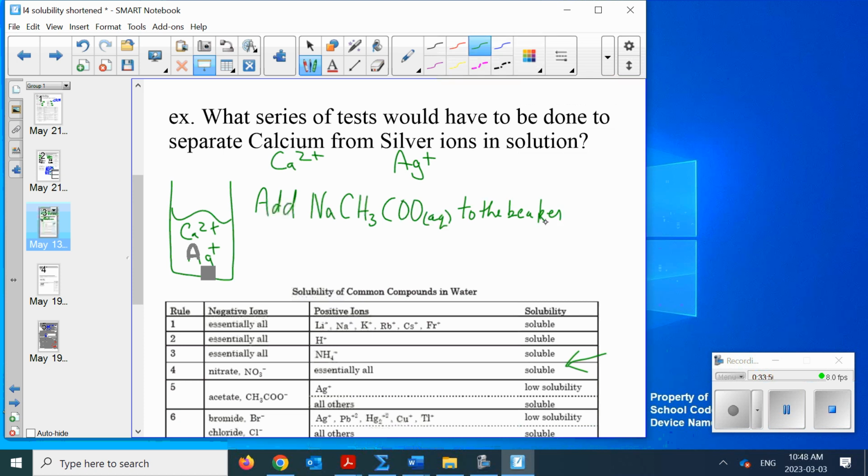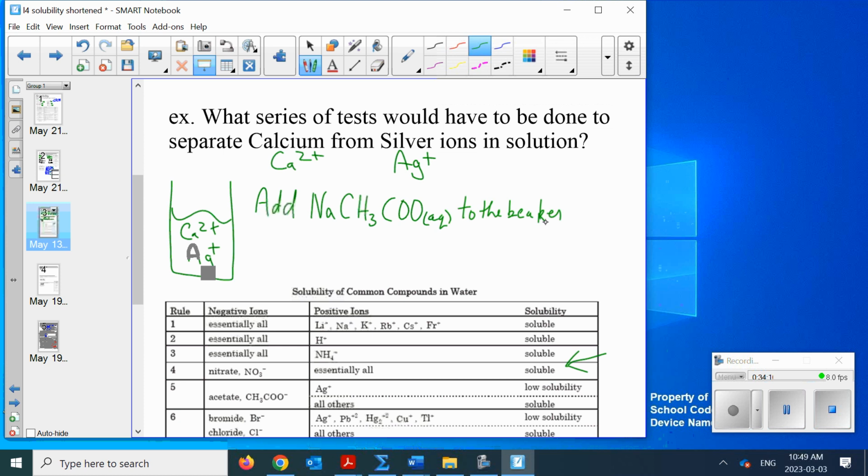Now, do you guys remember these double replacement reactions? This is where the sodium and the acetate separated in water.